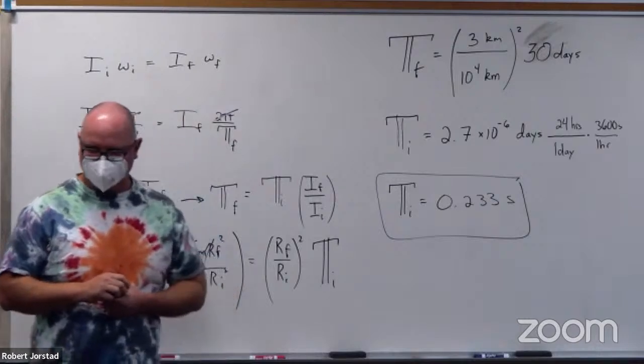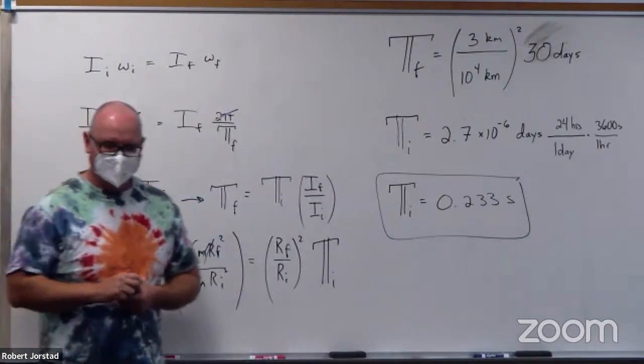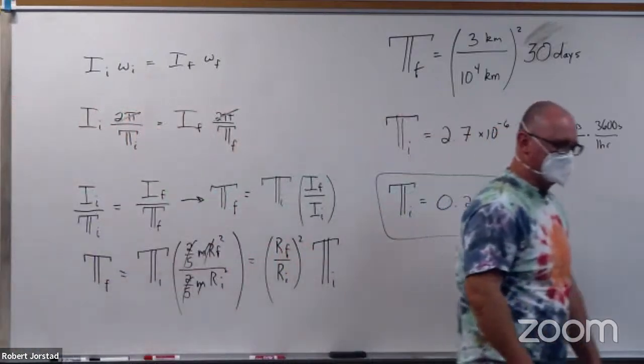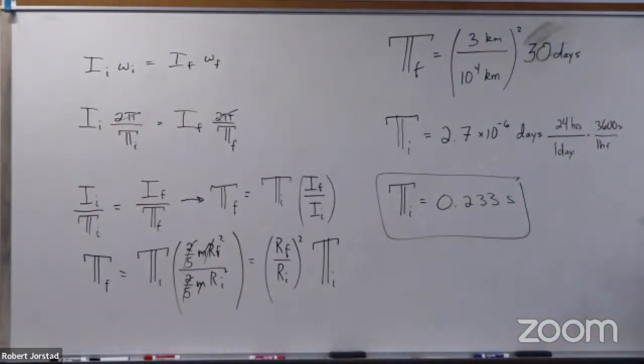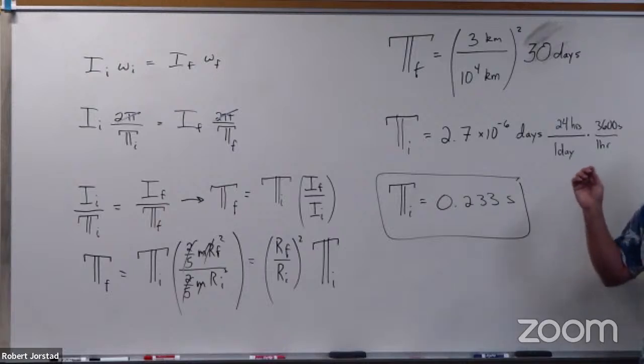Think about that. You take a star that's rotating once every 30 days, and gravity causes this mass to collapse in on itself. Suddenly it's rotating 4 times a second. Now, believe it or not, maybe you've heard of things like pulsars, right? Sometimes a star could be emitting a beam of radiation coming out of it.